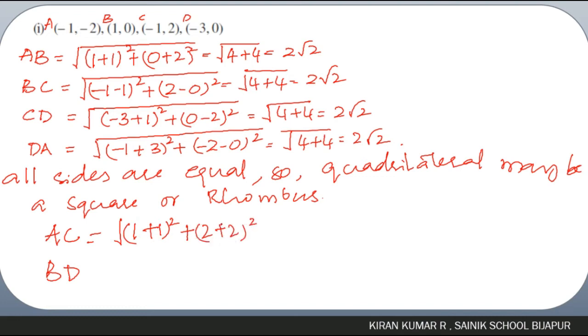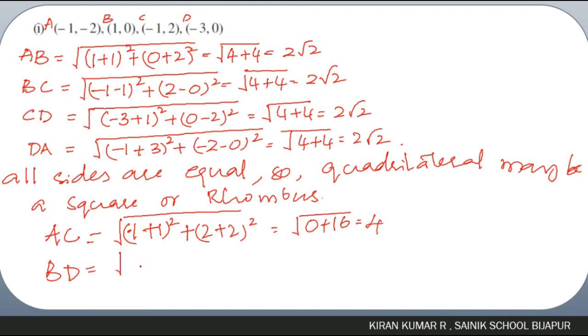This is AC, right? Minus 1, all right, minus 1. So we get 0 plus 16, root 16 is 4.